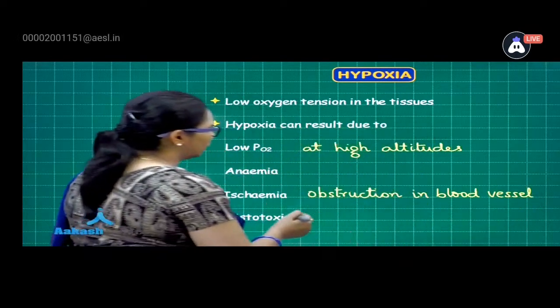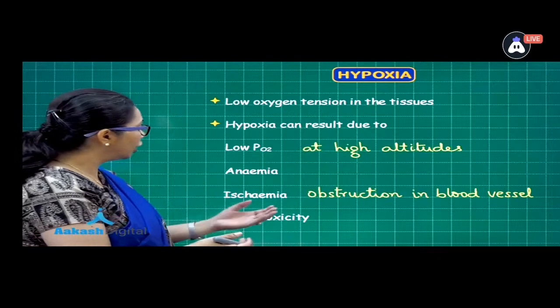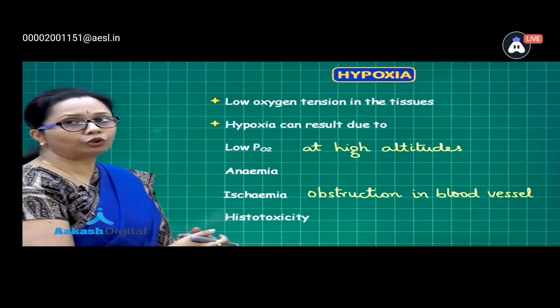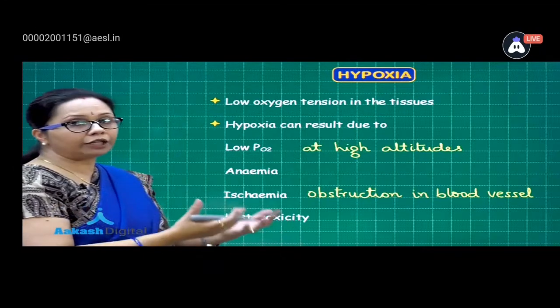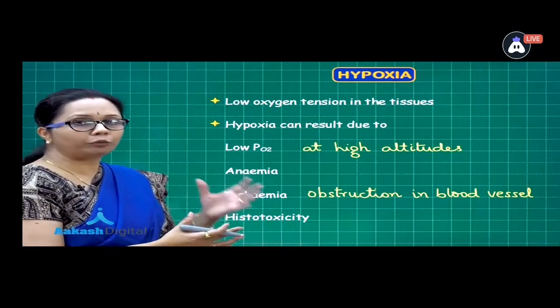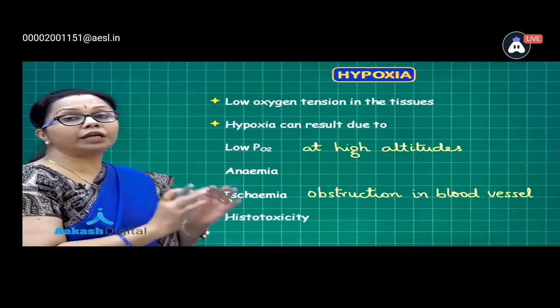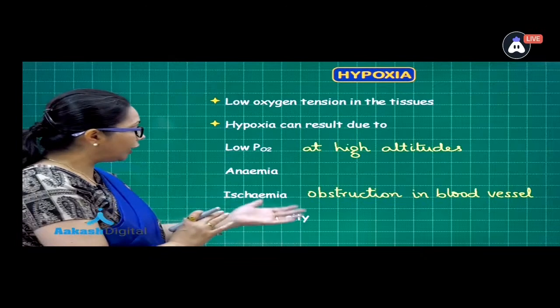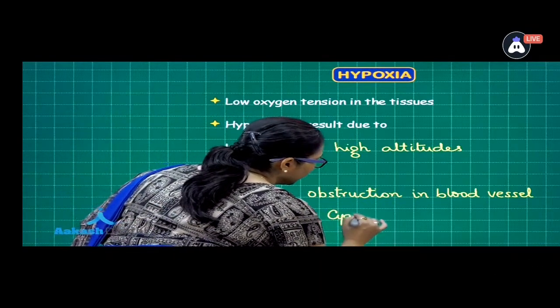And lastly, no such condition is there, but still tissues are not able to get oxygen. So that could be because of histotoxicity. Now histo is tissue, and toxicity means of course some toxin or a poisonous substance present inside the tissues which is inhibiting the uptake of oxygen. And here the best example is cyanide poisoning.